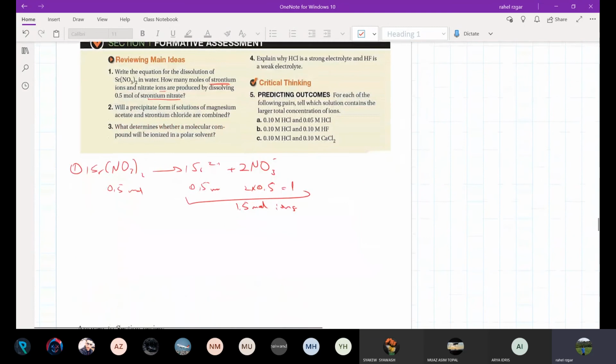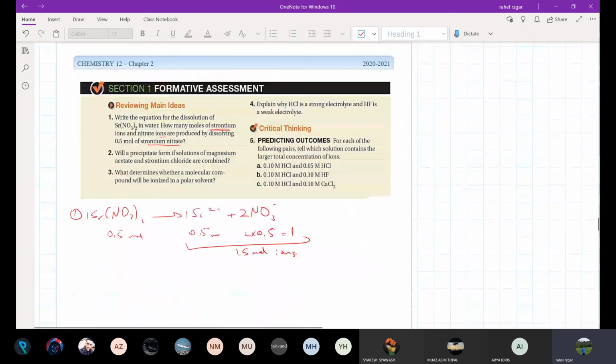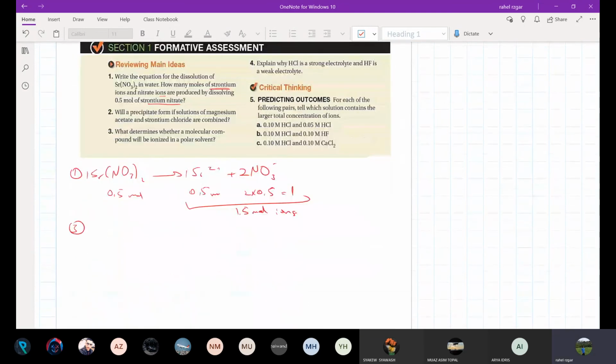So the easier way to say this is: it depends on A, bond strength, B, attraction between solute and solvent.